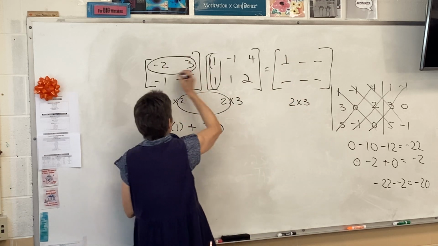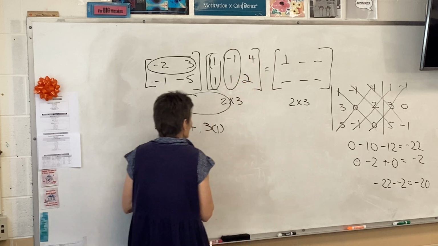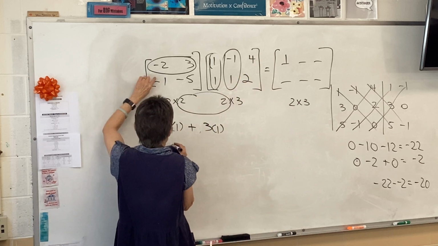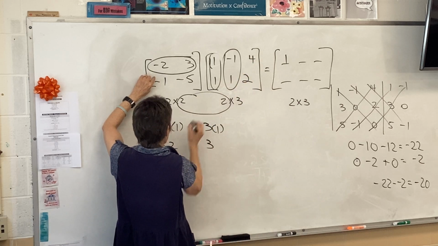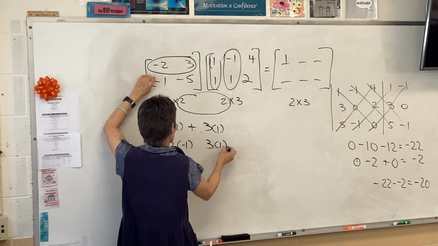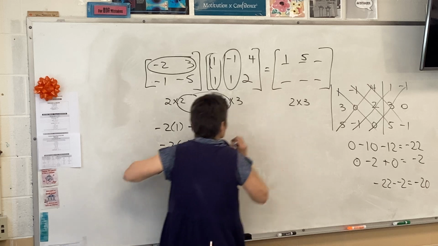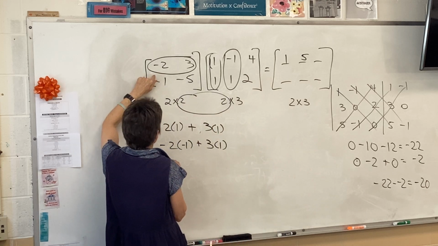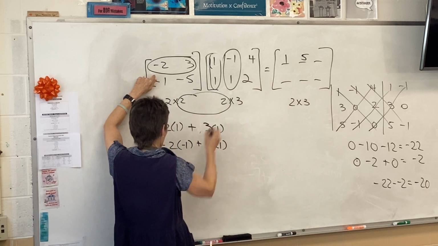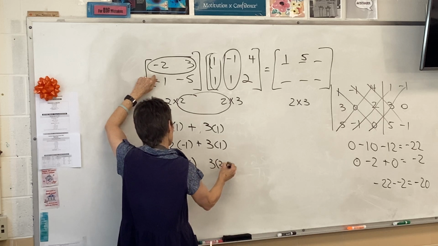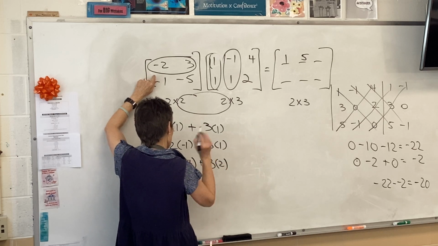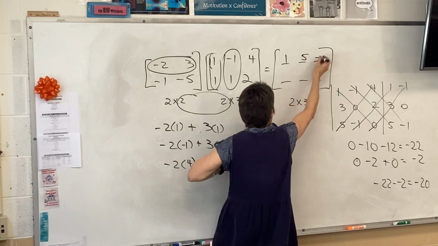And then row 1, column 2. So it's still -2, 3, but now it's -1 and 1. So that's going to be 5. And then -2 and 3 times 4 and 2. So that's going to be -2.